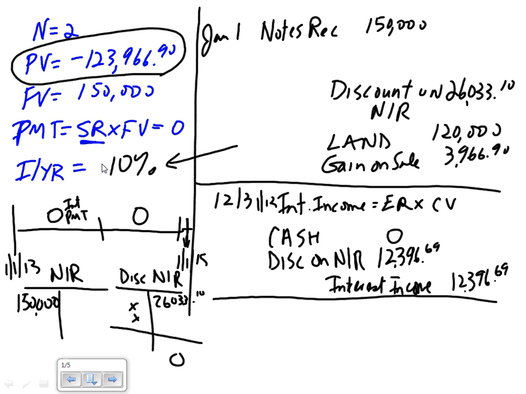Then for 12/31/14, we'd have the same debit and credit, and I won't put the journal entry up here, but it would be for $13,636.41. There's a penny or so of rounding, and that will give us down to 0 on the discount. And the last entry would be on January 1st, 2015: debit cash 150,000, credit note receivable 150,000. All right, so that's exercise 18.